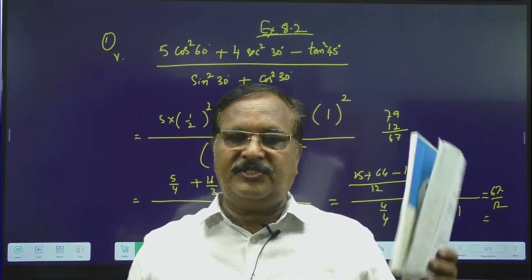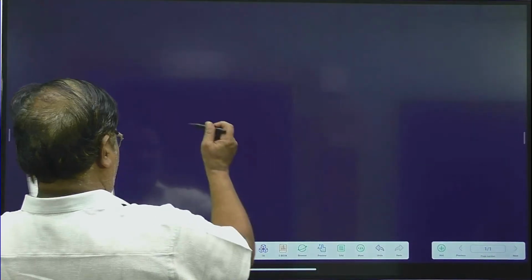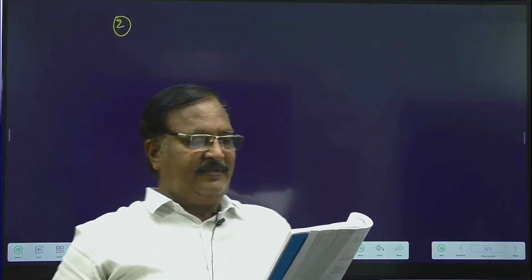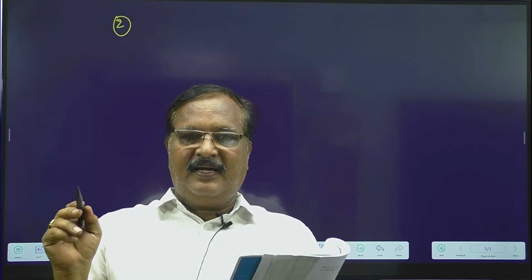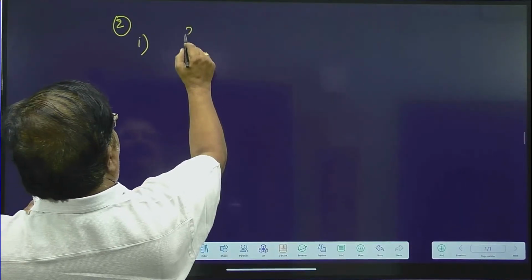So second question, choose the correct option and justify your choice. That means you have to write A, B, C and you have to justify also. So let me do the first bit.